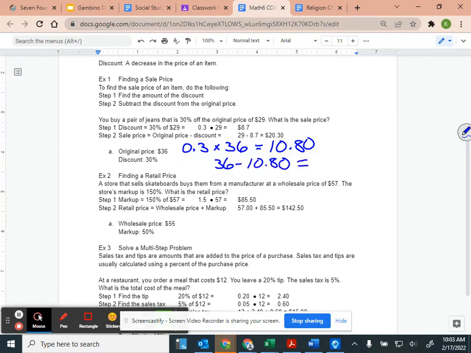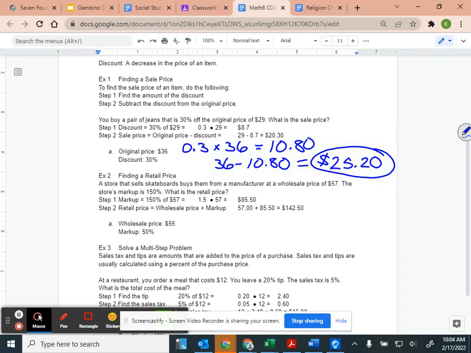And what does it give me, Brielle? $25.20 is my sale price. Okay, so that's finding our sale price. You multiply the percentage by your original amount, then you subtract it from that original amount, because what you're finding is the discount. But if you want to know the sale price, you have to do that extra step.